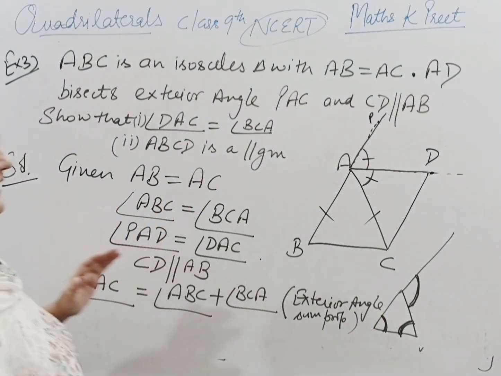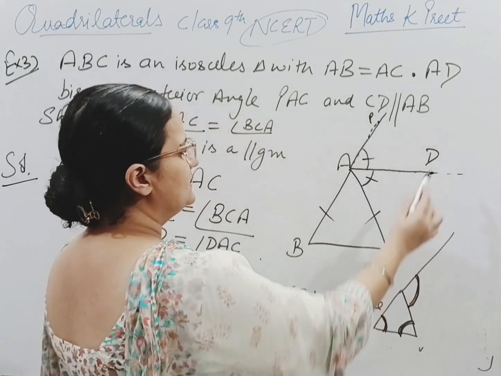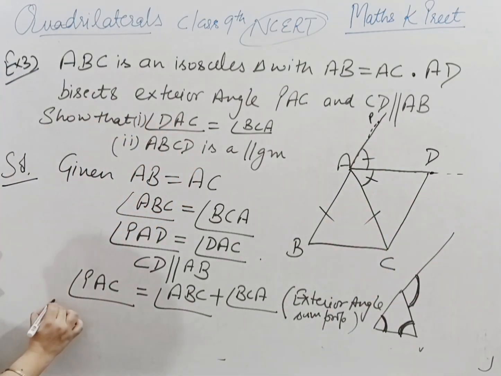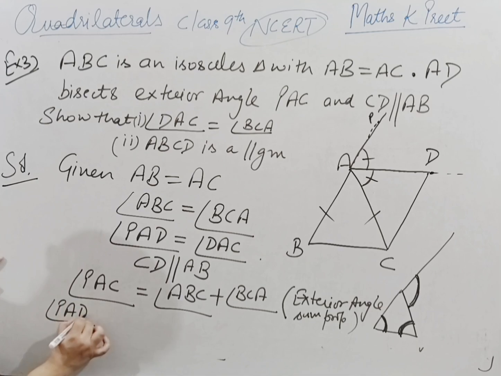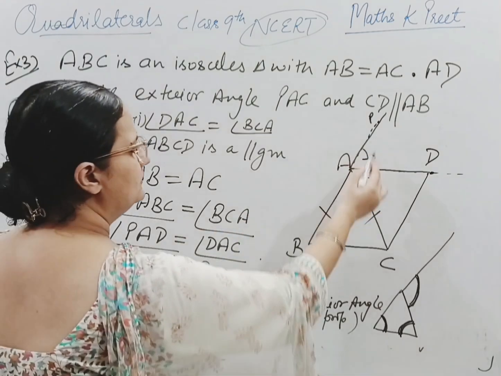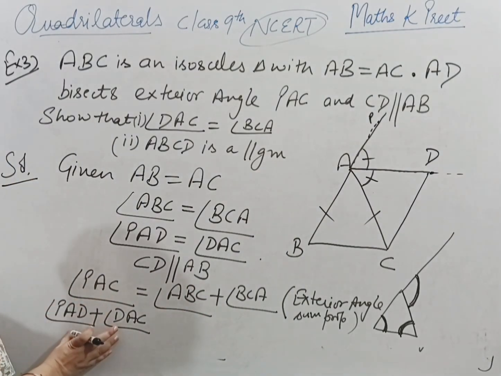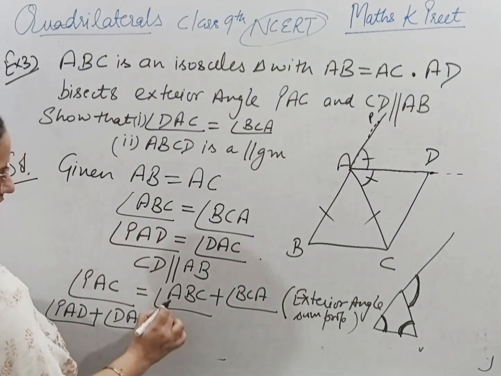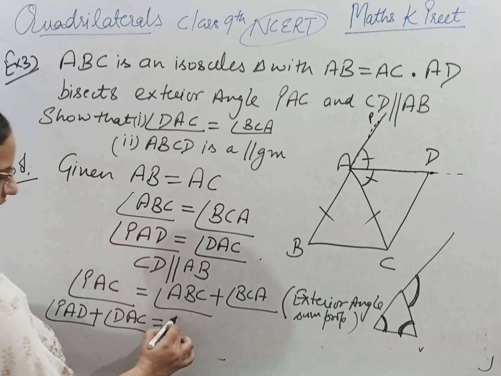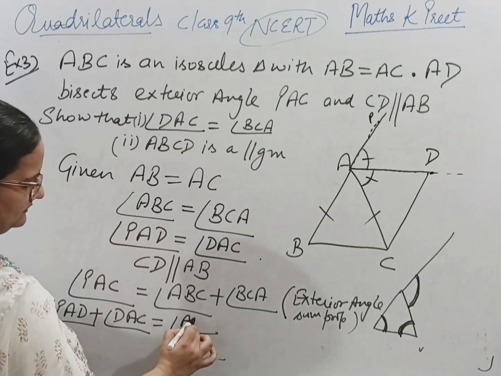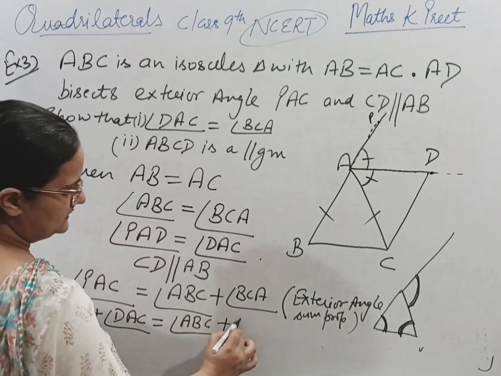So PAC further can be written as PAD plus DAC. Why? Because AD is the given angle bisector of this complete angle. So these two angles are equal, but this can be written as the sum of this first, so ABC plus BCA as such.